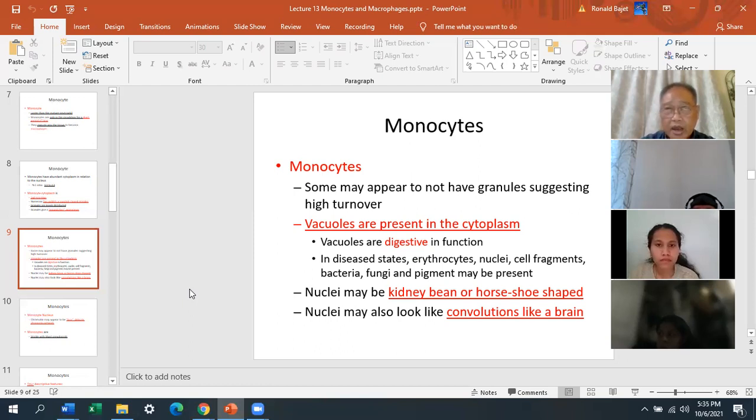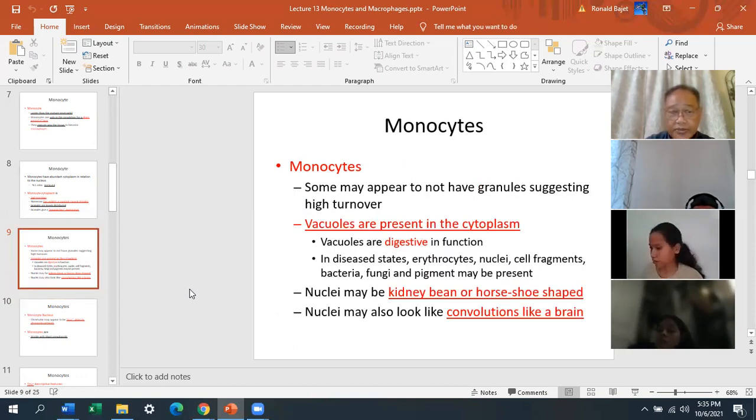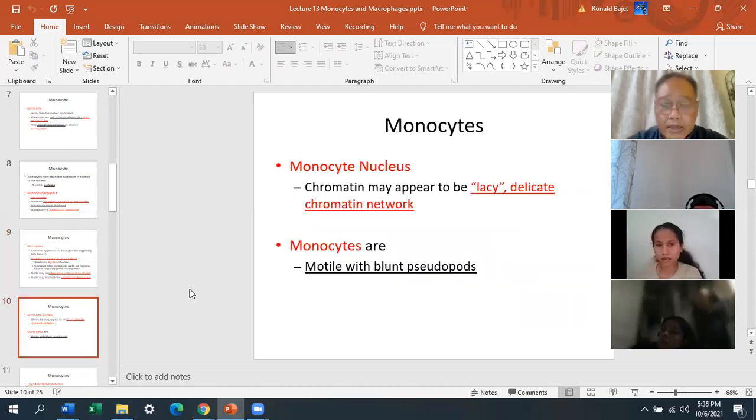The nucleus of a monocyte is spongy looking. It could have vacuoles, okay? The monocyte nucleus can be a lacy chromatin network, or kind of spongy looking. It can be lacy, okay? The nucleus, as opposed to a lymphocyte.